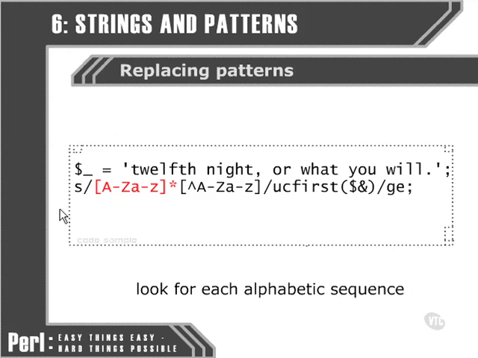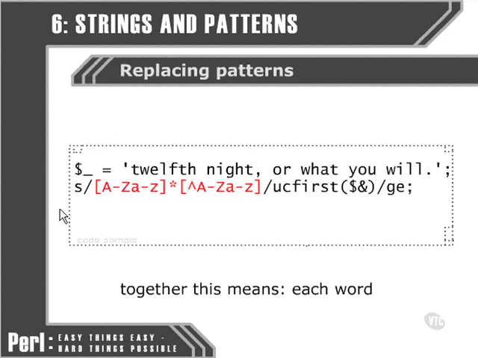So we're looking for an alphabetical sequence that is 0 or more A to Z characters, and we could have used the plus modifier or the asterisk modifier. Either will work in this instance. And then we're looking for something that's not an alphabetical character, whether that's a space, a comma, or a full stop.